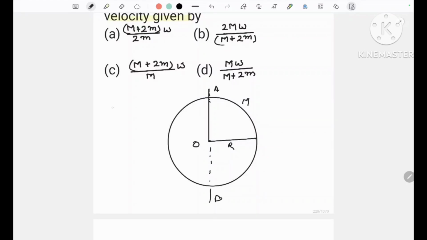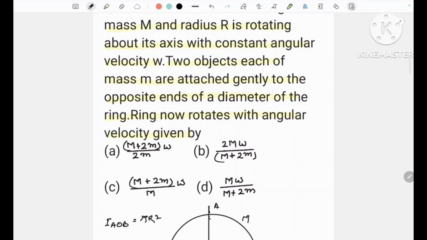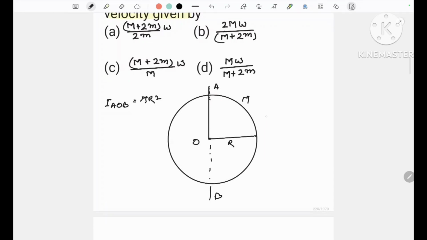Its moment of inertia about AOB, I_AOB, is equal to m r square. Angular velocity is omega. So L_I, the initial angular momentum, will be I_AOB into omega, or m r square omega.